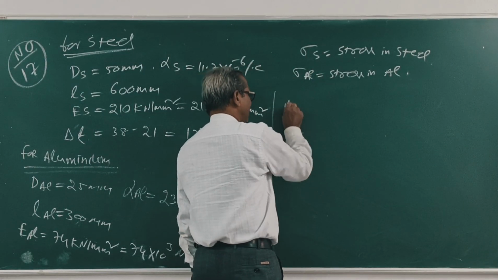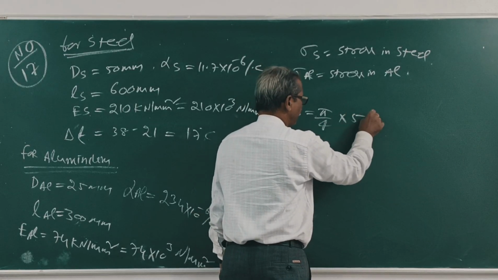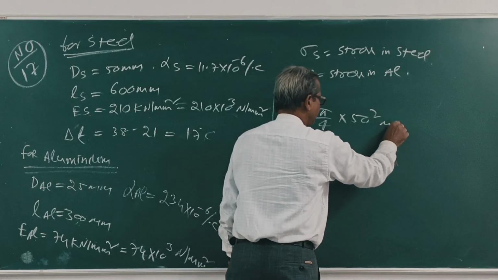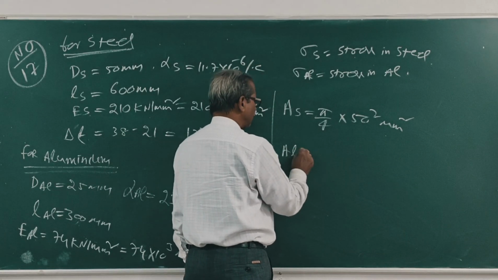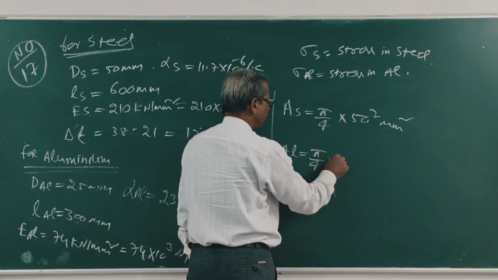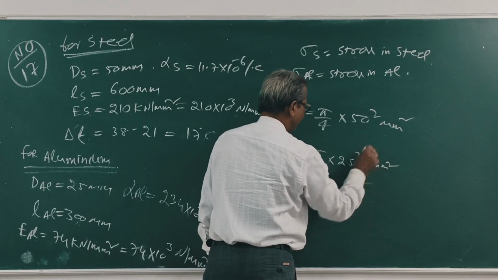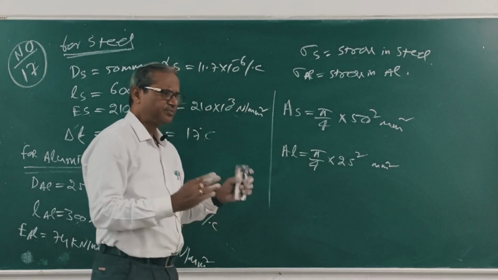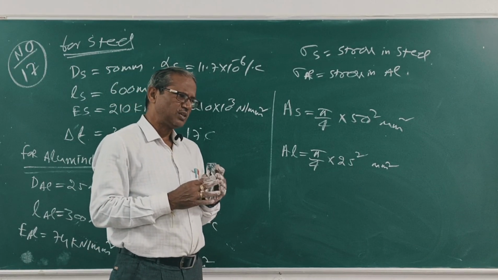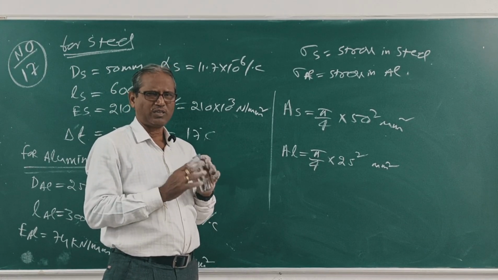Area for steel is equal to pi by 4 into 50 squared mm square. Area for aluminum is equal to pi by 4 into 25 squared mm square. Clear? Now, since both ends are fixed, and when subject to load, the load is the same.